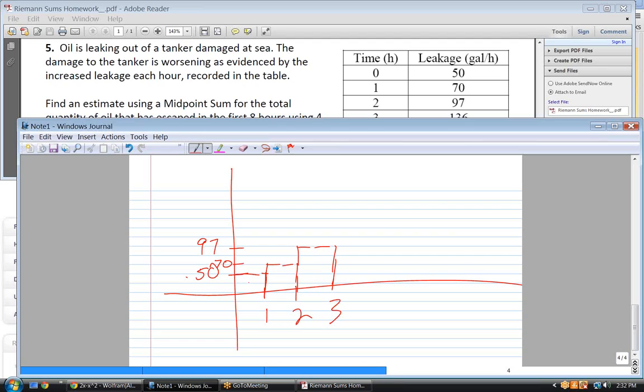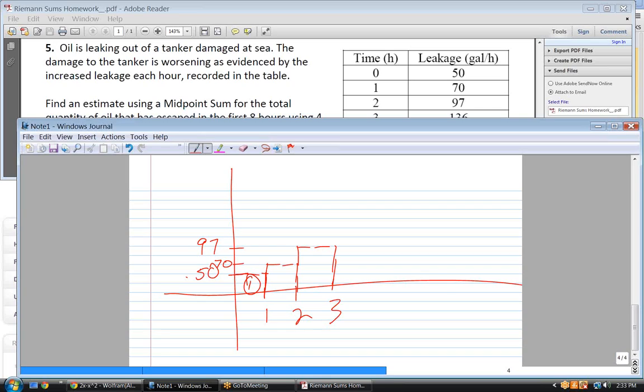So what is the area of rectangle number 1? Rectangle number 1 is f of 1/2. Like, the best we can do is guess, so is that like 60-ish?